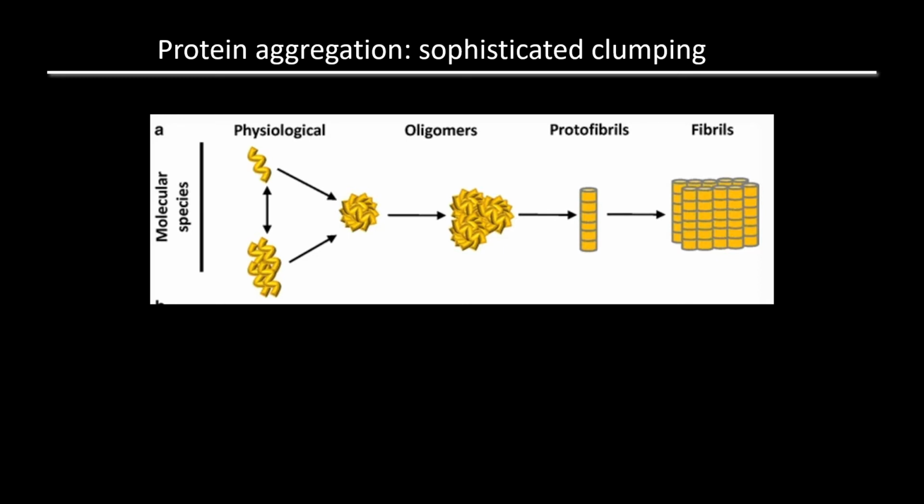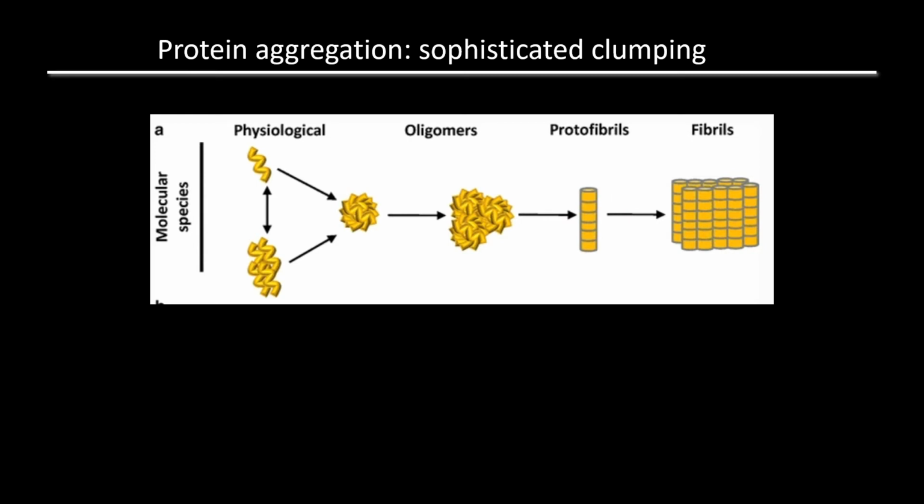But then when disease sets on, in neurodegenerative diseases especially, these tend to aggregate. They tend to clump with each other and build clusters, low-grade clusters at the beginning, termed oligomers, and then these can even go on to form further elongated forms like fibrils, and these then build lesions.